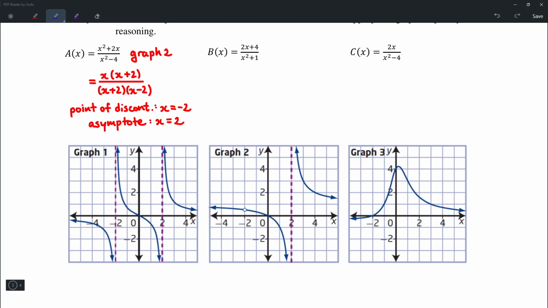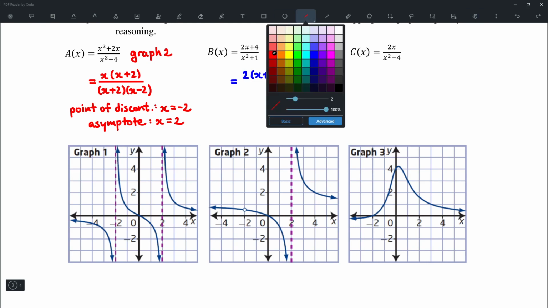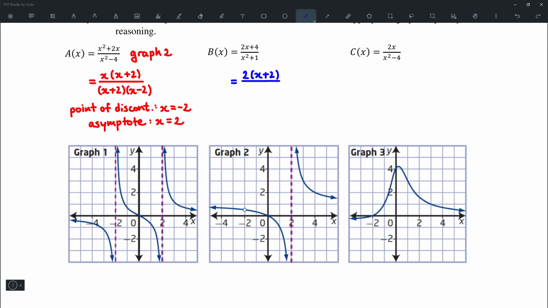Secondly, we have b of x. Notice that we can still factor. We can factor out 2 from the numerator. However, the denominator cannot be factored. Also, if we consider the denominator, we'll find that it's never equal to 0.